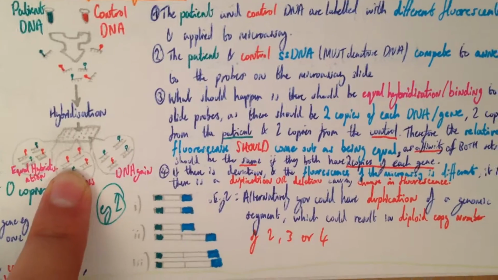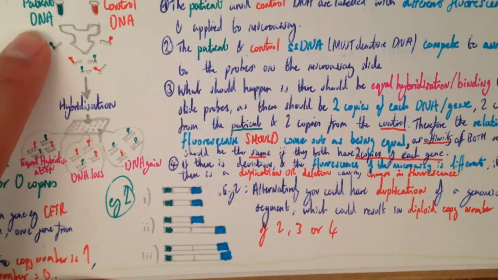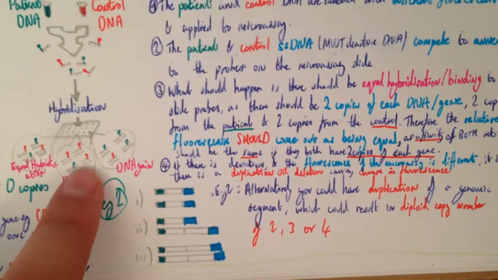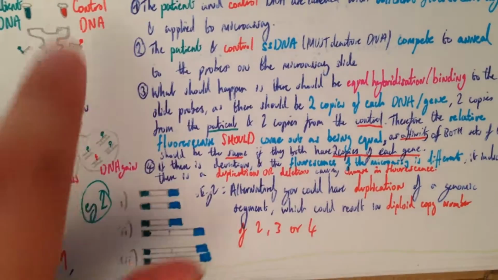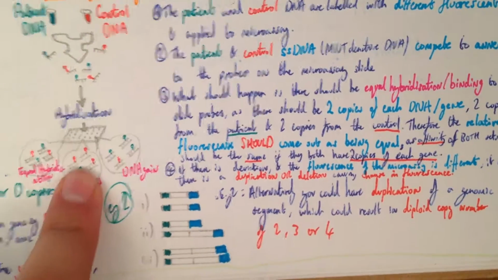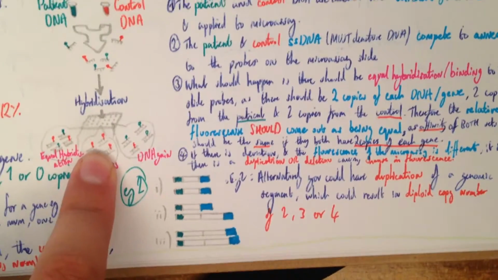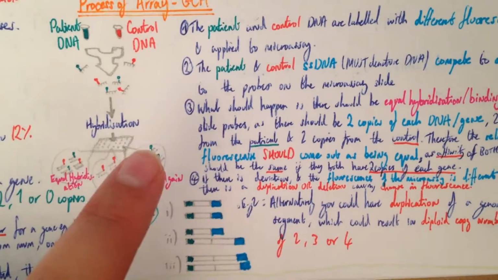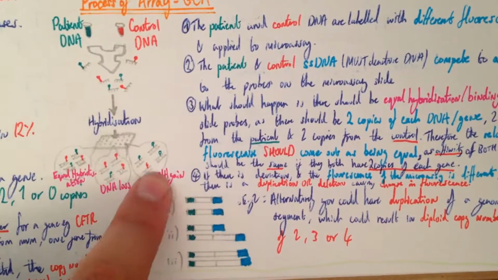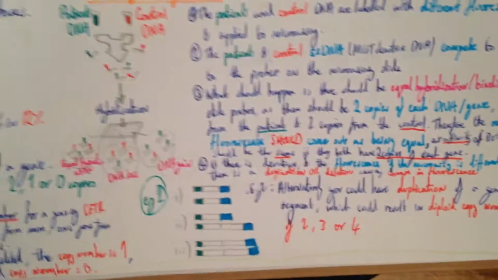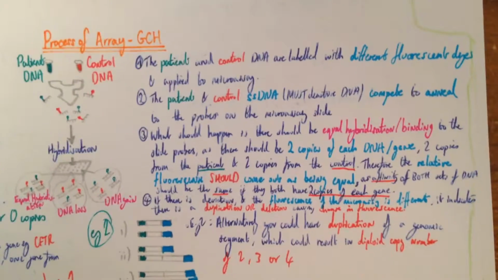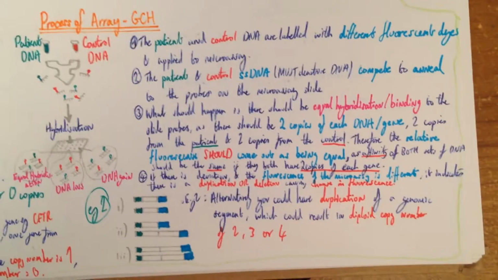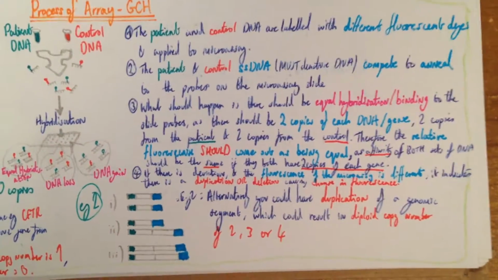If the patient only has 1 gene for brown eyes, it would indicate DNA loss, and more of the genes for brown eyes from the control DNA would compete and bind to the probe. On the other hand, if the patient DNA had more genes for brown eyes, it would bind more, and it would indicate DNA gain. I hope that makes sense. If it doesn't, then read over it again, ask whoever's next to you, and it should be fine.